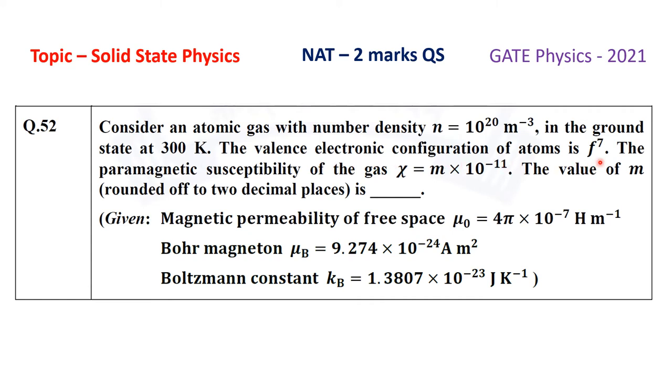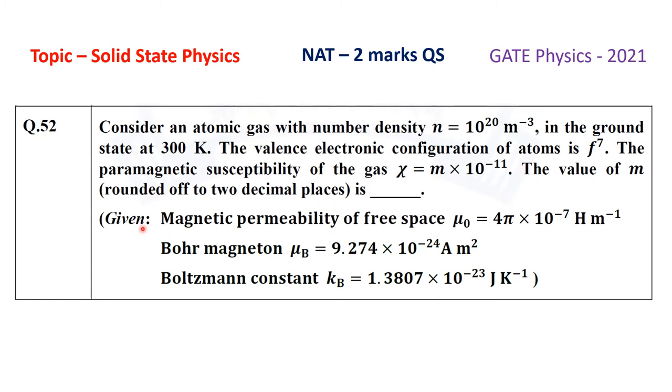So this means the last partially filled orbital is f, and that f orbital contains 7 electrons. The paramagnetic susceptibility of the gas chi equals m times 10 to the power minus 11. The value of m rounded off to 2 decimal places is, so basically you have to find the value of m, which should be rounded off to 2 decimal places.